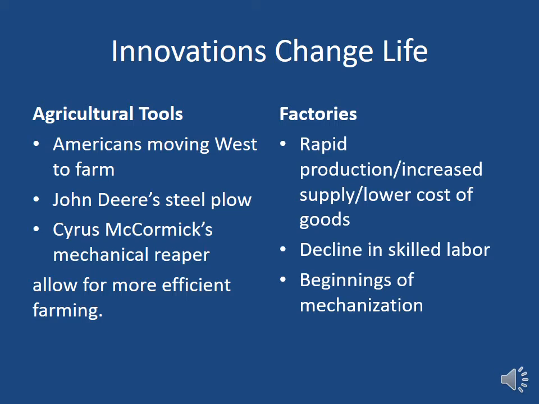Factories don't need people to specialize in making a certain product. Anybody off the street could run a certain machine to make a certain product. So this is the beginning of mechanization. So there's really no more specialty machinists or specialty makers of anything anymore.